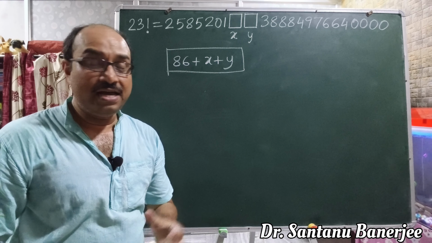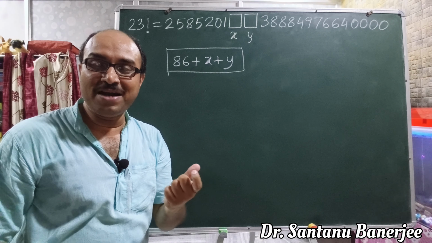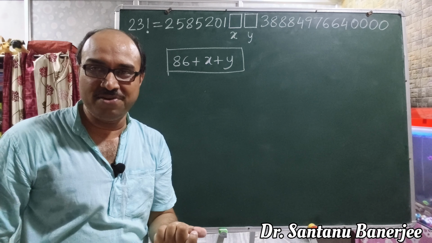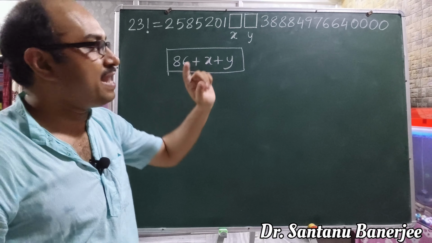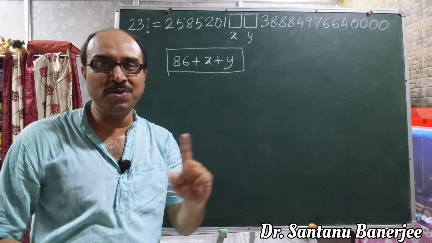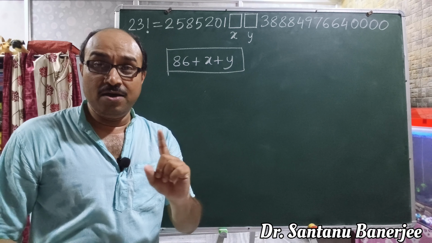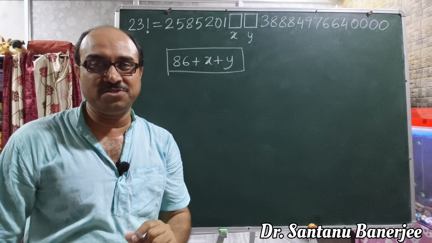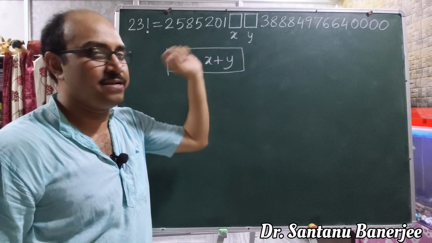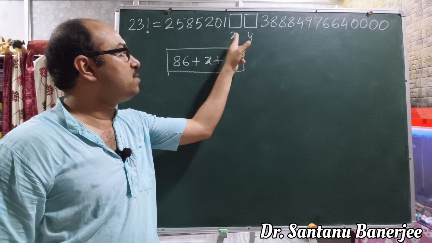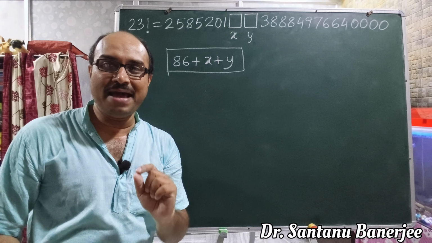Now can you guess what the sum x plus y will be? x and y can assume the values 0 to 9. What can be the maximum assumption? The maximum can be 9 and 9, and the minimum can be 0 and 0. Let us consider the maximum.